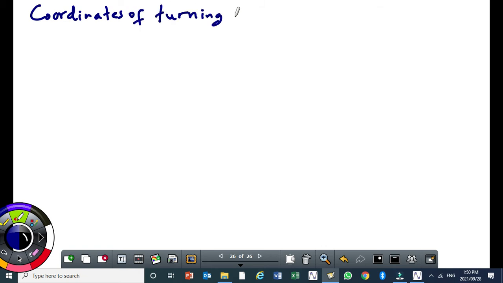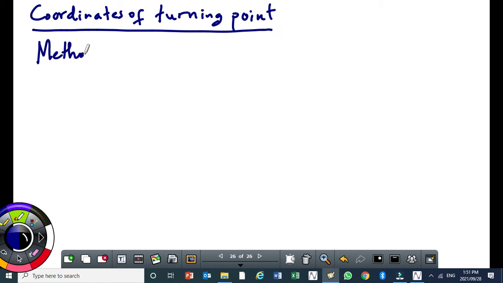I'm going to connect our knowledge of the turning point form and the standard form. So first, let's use the standard form itself. So method 1. You have to know both methods because sometimes in a test or examination, one of the two will be the best for that specific question.